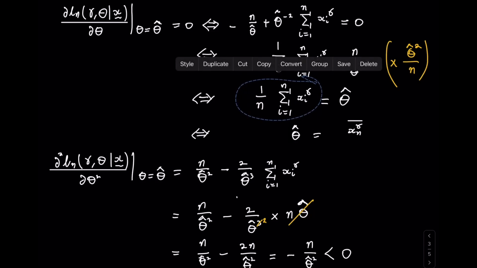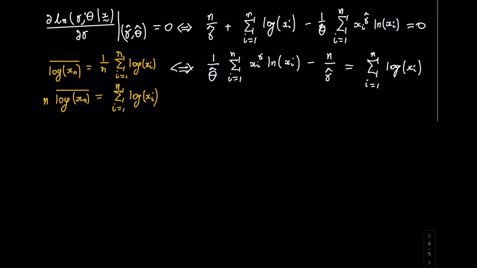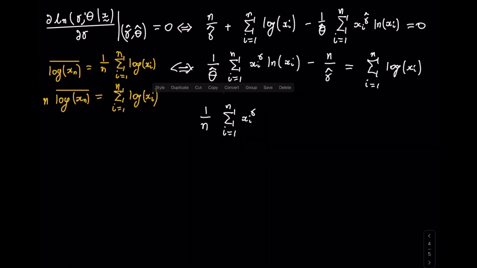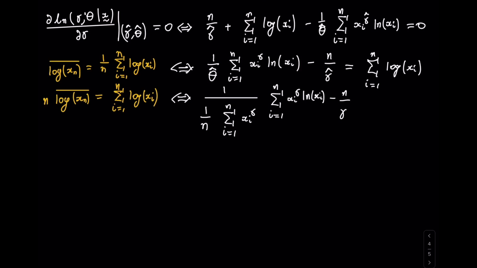So I'm going to copy that and paste it here, and then we're going to take 1, put it in white, it'll be 1 over this entire value, if and only if, and then we've still got i equals 1 to n, xi to the gamma, ln xi minus n on gamma hat. Gamma hat is again, in this particular instance, going to be equal to n times log xn bar.